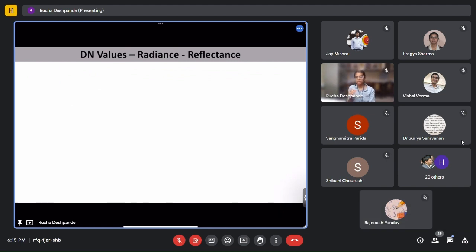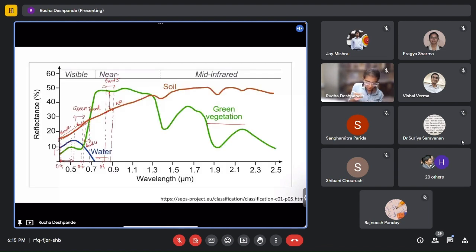Okay, I'll explain again. This is the range of band 2, right? In this band, look at the order. The order is green vegetation, then we have water, and then we have soil. So this will be the order in which the pixel brightness will appear. If we look at near infrared, here the order will be water, then soil, and then green vegetation.